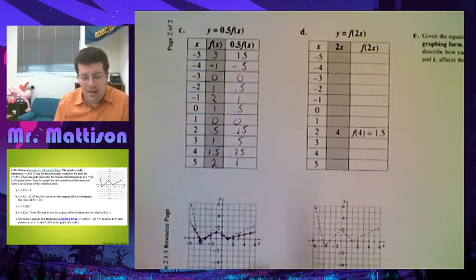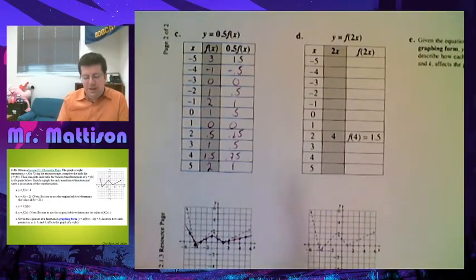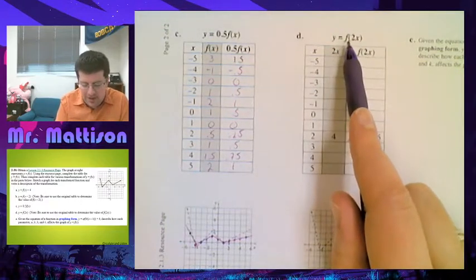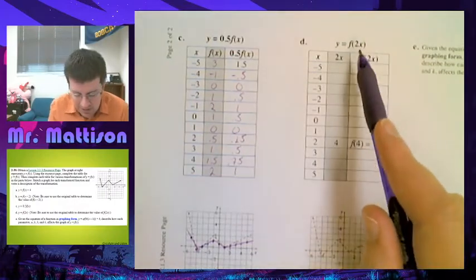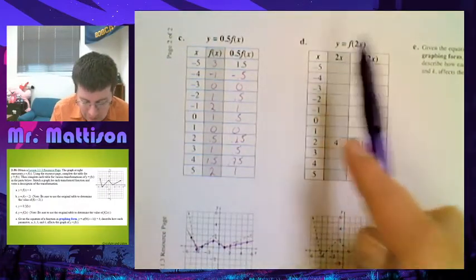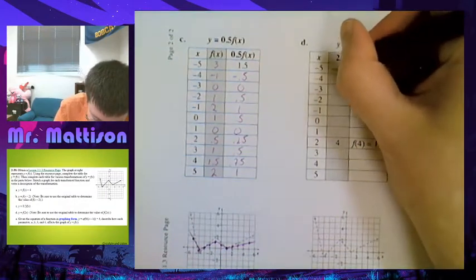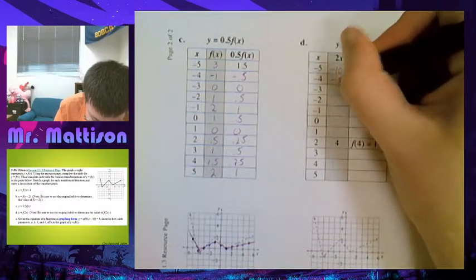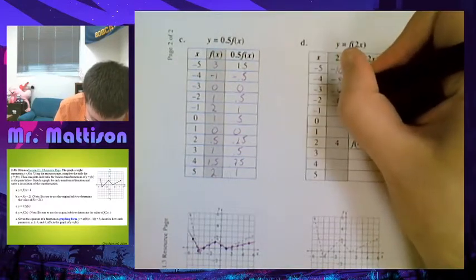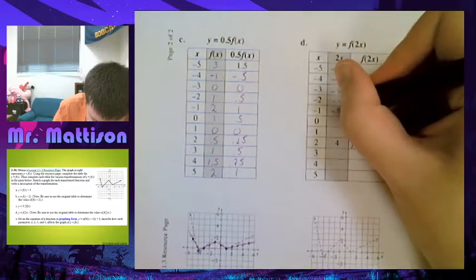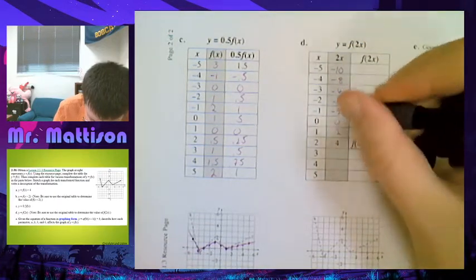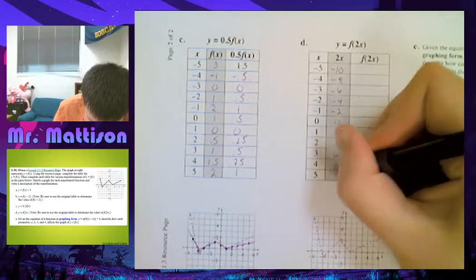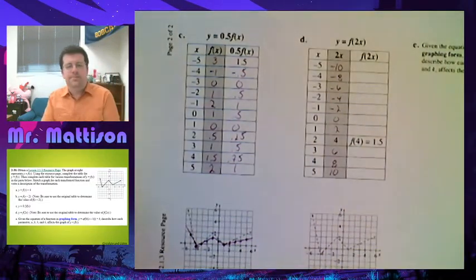Let's take a look at D. So D, we're going to take the same idea, but we're going to say, hey, we're going to multiply the inner part by 2. Okay, so when we do that, take the x, multiply it by 2 first. So that's going to be -10, -8, -6, -4, -2, 0, 2, 4, 6, 8, and 10.